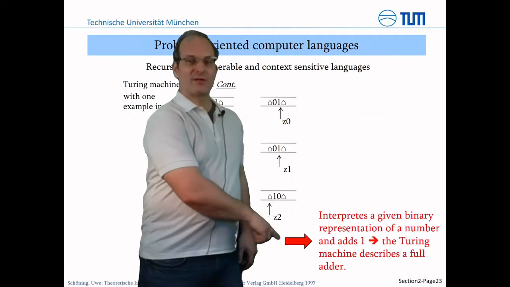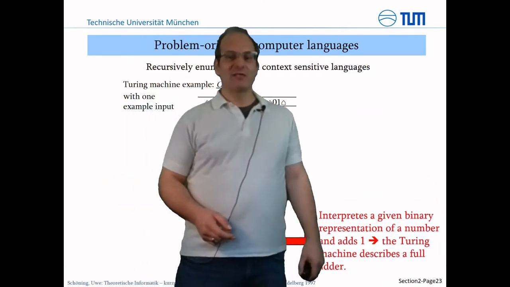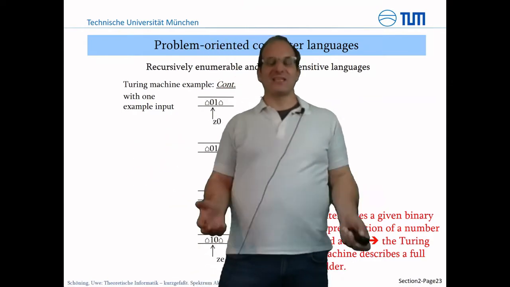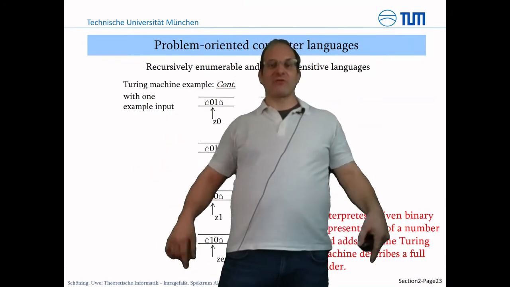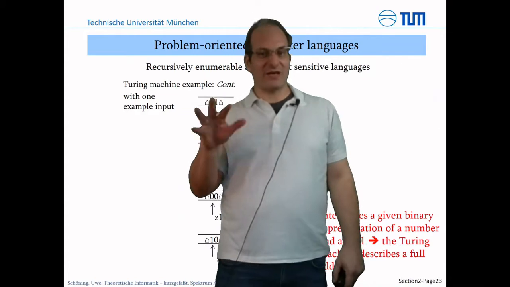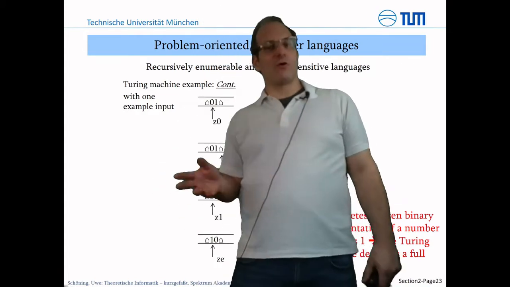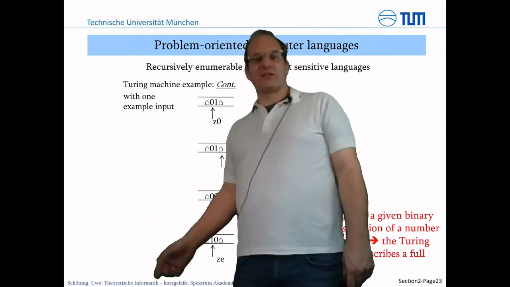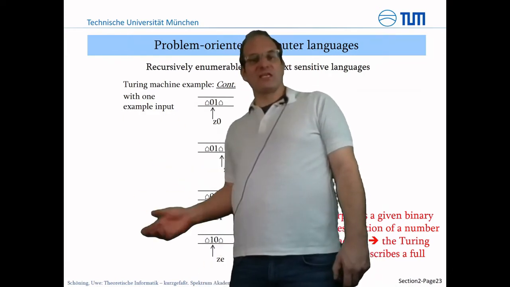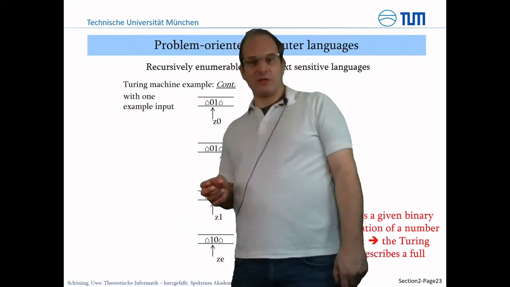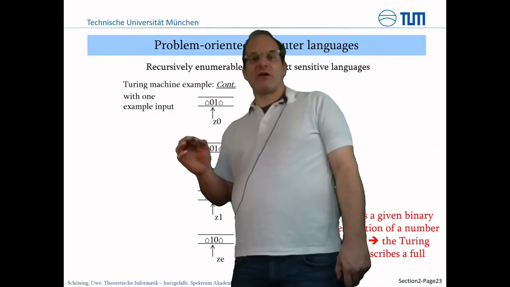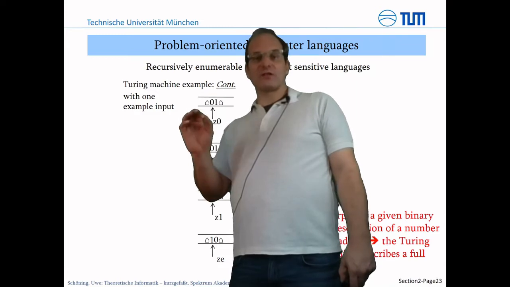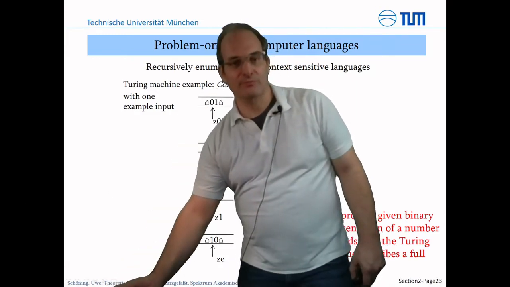It describes in principle an addition mechanism. And therefore, if you can do this, you can do all of the rest of the mathematical and algorithmic things, like logic comparisons. So Turing machines are very powerful, and very helpful if you want to check algorithms.